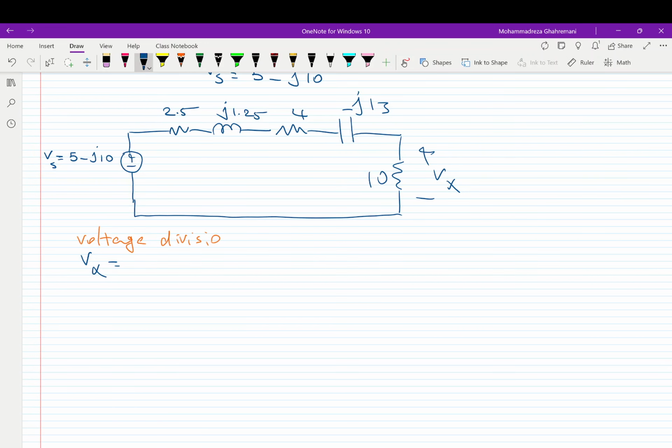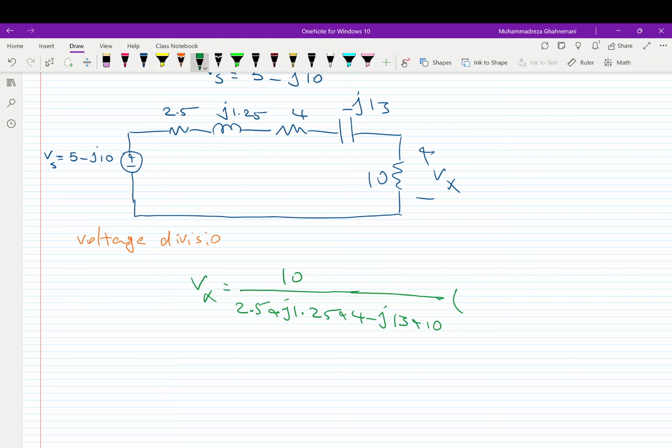Vx is equal to 10 over the total impedance, 2.5 plus j1.25 plus 4 minus j13 plus 10, times Vs, which is 5 minus j10.